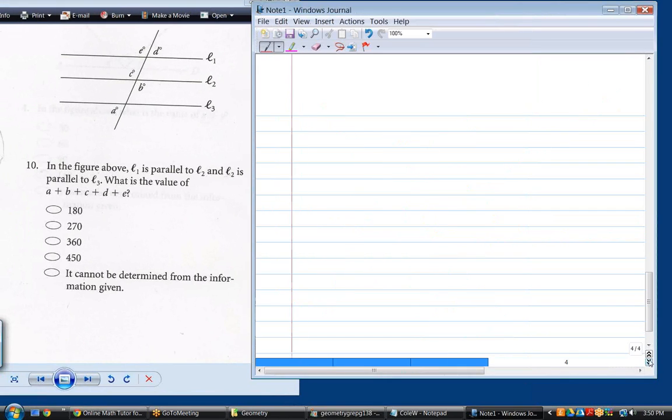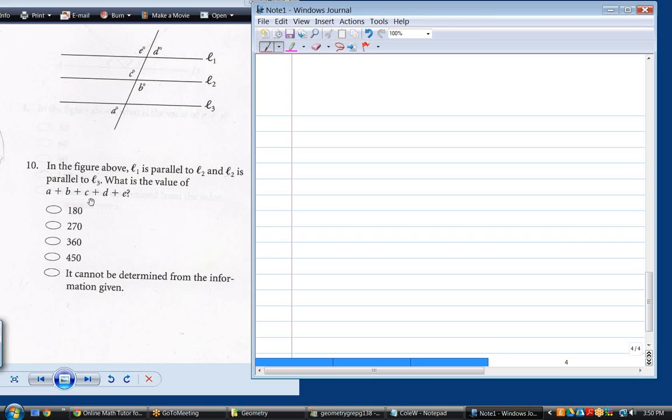Parallel lines again. All 3 of those crossing lines are parallel. So they want the value of A plus B plus C plus D plus E. Well, what's the value of A plus B? 180.